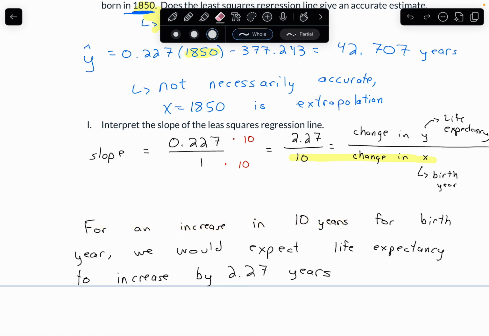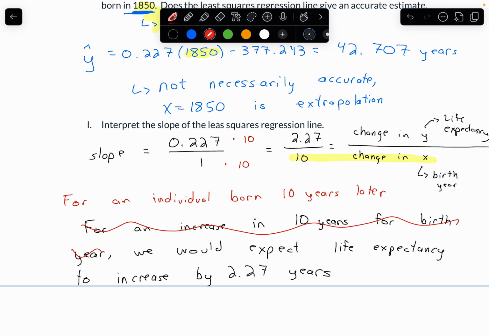An easier way to think about that is to say, how about for an individual born 10 years later, and then cross this out. We would expect the life expectancy to increase by 2.27 years.